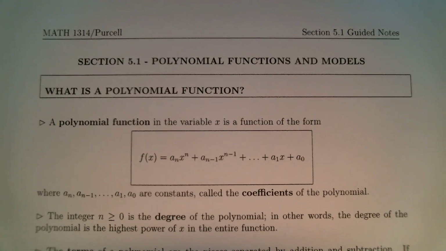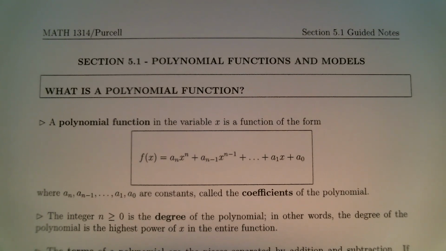We actually talked about it back in section 3.1 for the first time, when we were talking about domain, and we were learning how to find the domain of a function from its formula or from its equation. And I told you that the domain of a polynomial is all real numbers.